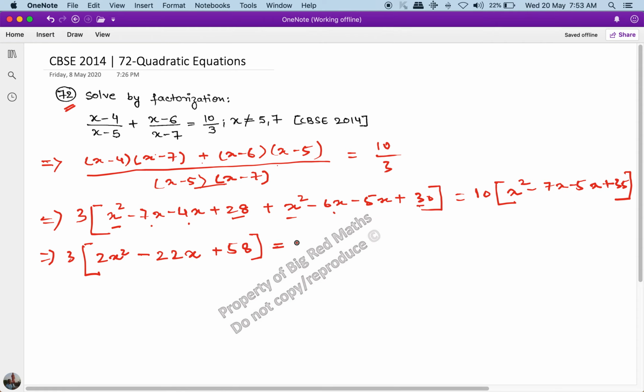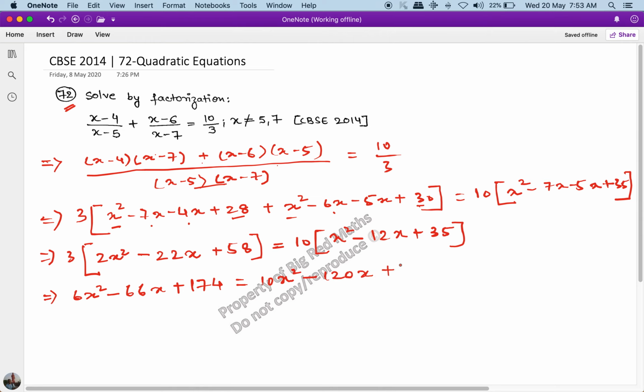This is equal to 10 times x square minus, 7x and 5x is 12x, plus 35. And this is equal to 6x square minus 66x plus 174, since 58 threes is 150 and 24 is 174. Yes, and this is equal to 10x square minus 120x plus 350.